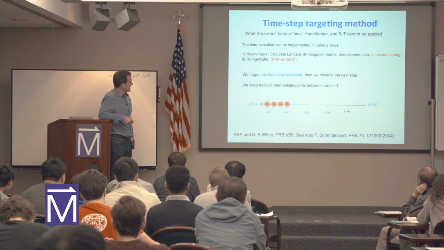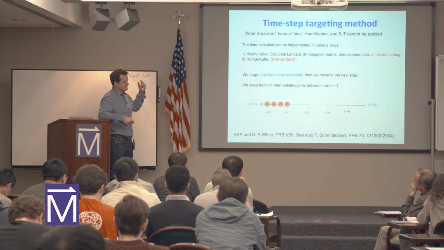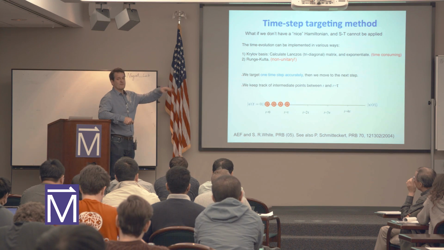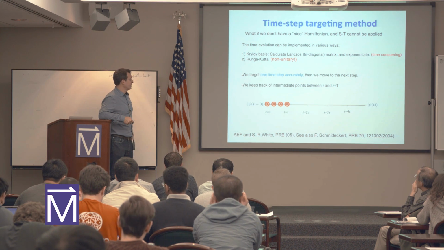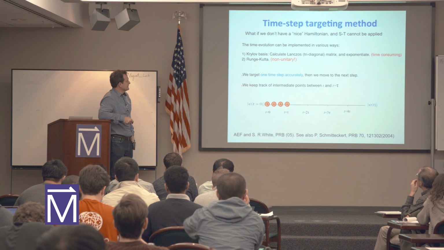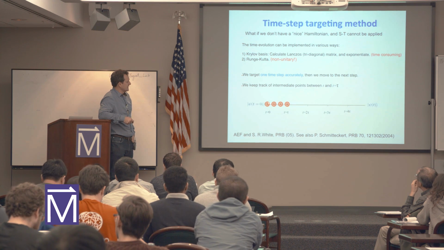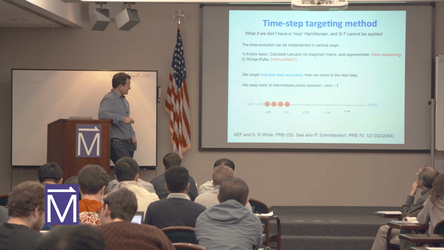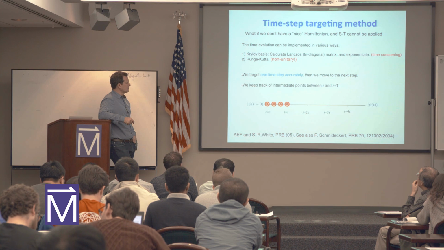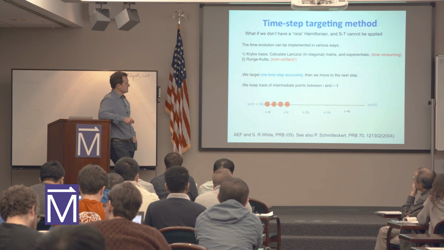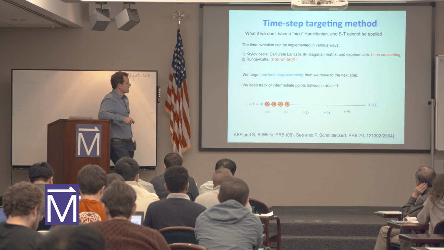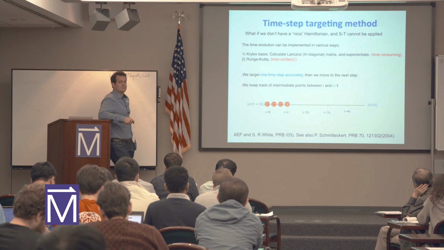But when you evolve in time, remember that I told you Cazalilla and Marston didn't target states properly. Wang, Luo, and Xiang targeted everything along the time evolution. What we're going to do is just target 4 intermediate states in between time 0 and tau. So we're going to take 2 smaller time steps, take these 2 states, do sweeping, and optimize the basis, and then at the end do Krylov or Runge-Kutta and get the new state at time tau.